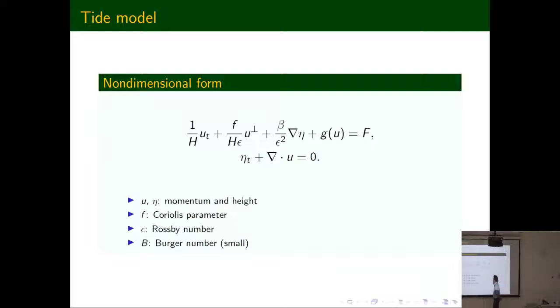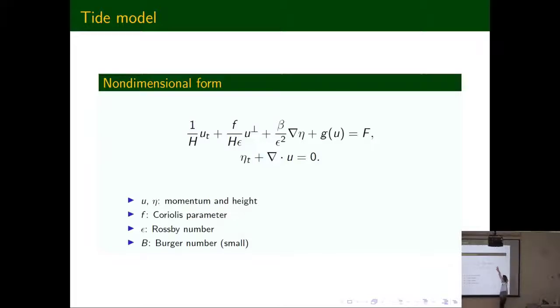So the U is a fluid velocity that you have. It's actually a momentum. And the eta is the linearized height, so the deviation around what the average height is. And so you get these time derivatives, you get these derivatives in space, and you also get this U perp term that comes from the Coriolis force.